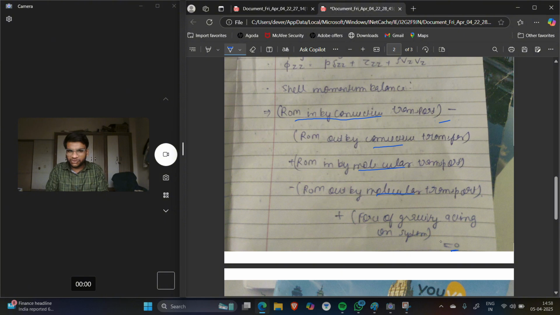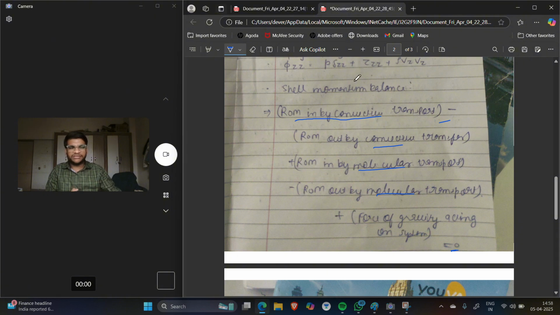When we solve the questions, I will try to explain each and every term in the shell momentum balance. For now, I advise you to just go through it once. This is a momentum balance which we have to apply in almost every question in which momentum flux or velocity is required.